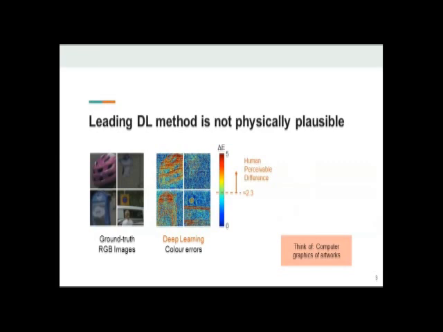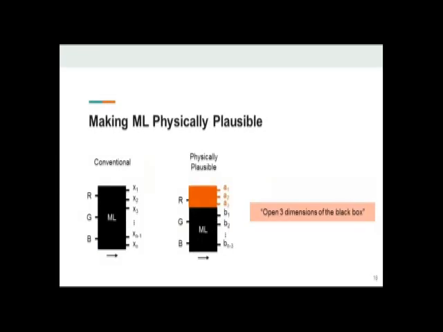So the leading deep learning model gives us very significant color shifts. If we think about applications in computer graphics, especially in artwork conservation, we wouldn't want to use a model which shifts the color. So the problem here is how we are going to make the existing model physically plausible. In a nutshell, our approach is to open three dimensions of the black box.